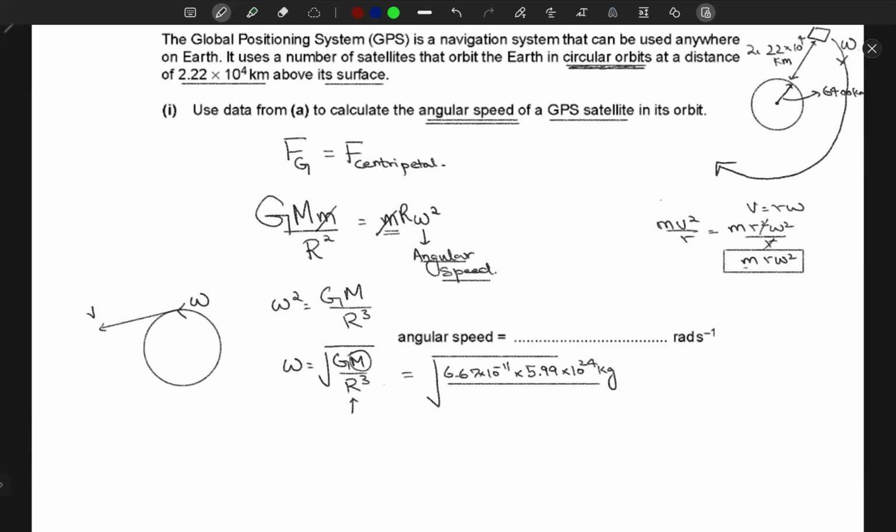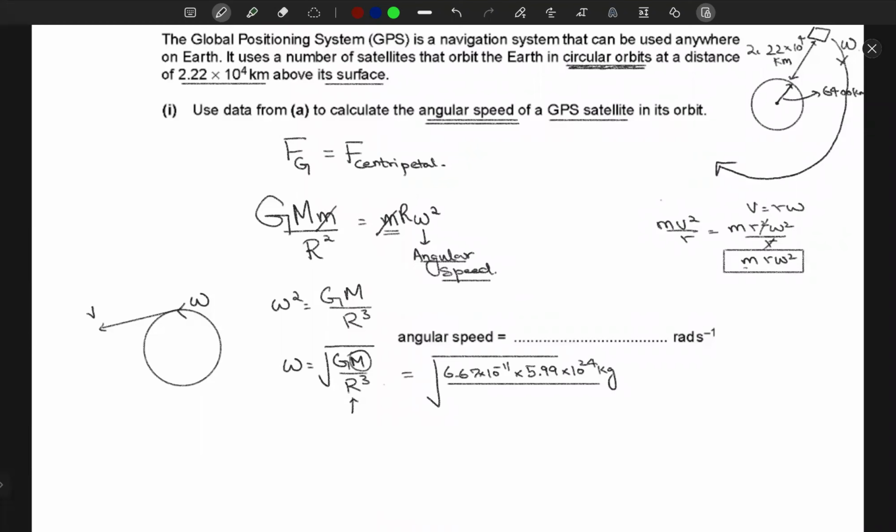Anyone from the class? Can you hear me? I think, are you using chat? No. Okay, you can hear me? 2.22 into 10 to the power of 7. You're saying it should be 2.22 into 10 raised to power 7.